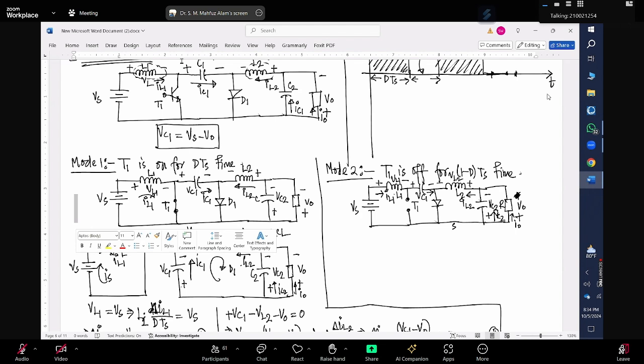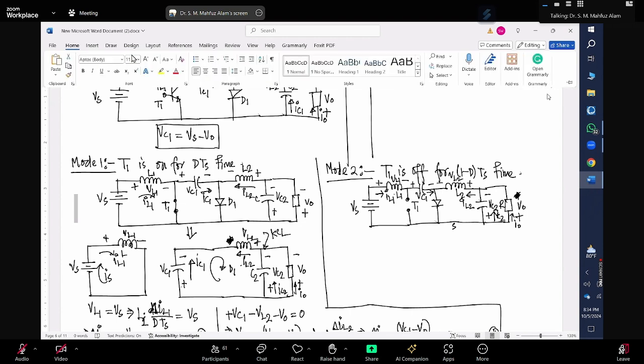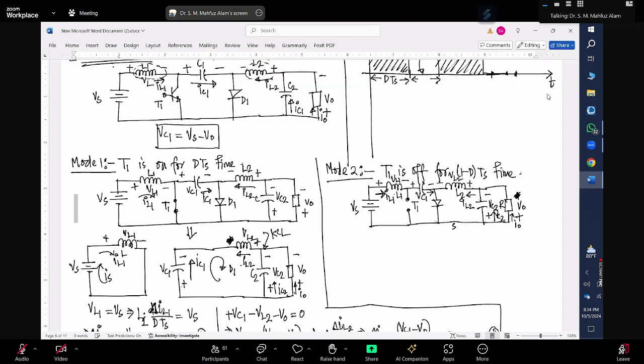Could you explain it again? Yeah, so what was the current through the inductor for mode 1? The current through inductor 1 was in this direction, right? And current through inductor 2 was in this direction, right?